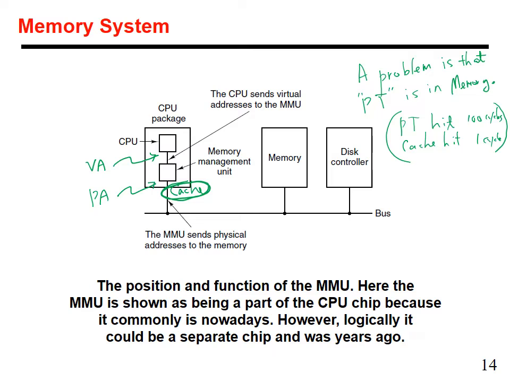So although the best case scenario of the previous three cases is a page table hit and cache hit, you still need to consume 100 cycles because the page table is inside the main memory. That is the main issue we are going to discuss in the next slide.